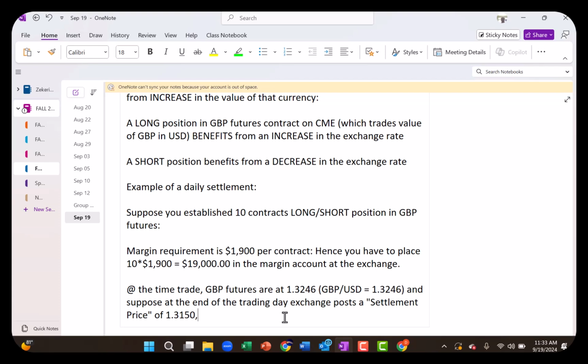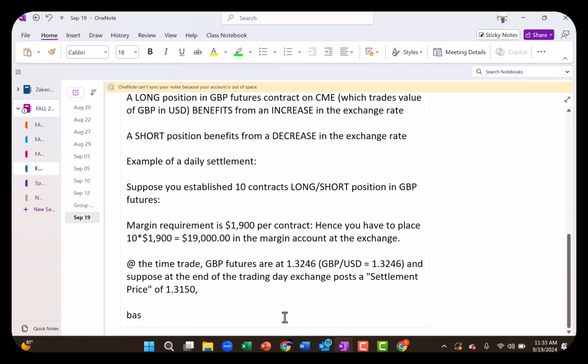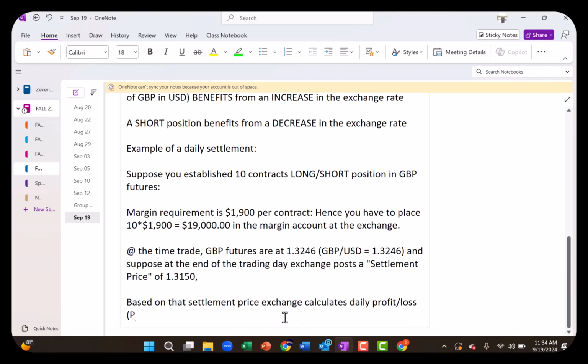So whatever the exchange has as the settlement price, based on that settlement price, exchange calculates daily profits or loss. We shorten that to P&L. Okay. Here is how that goes.